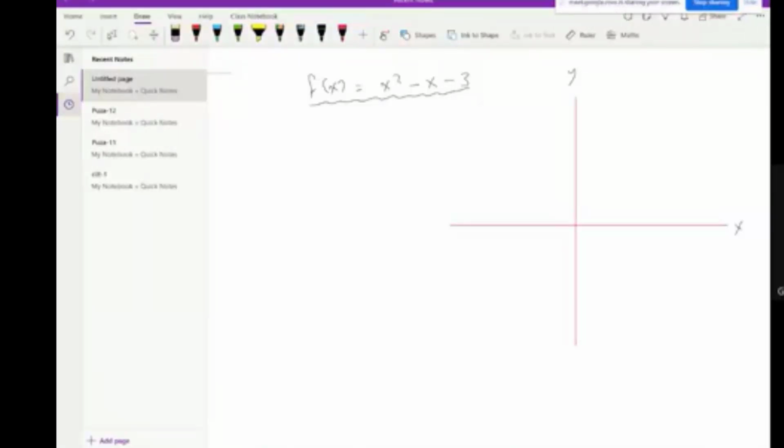That means I will make it equal 0: x squared minus x minus 3 equals 0. Now I have to solve this equation to find the value of the variable x. Now, how do I solve this? Who can tell me?